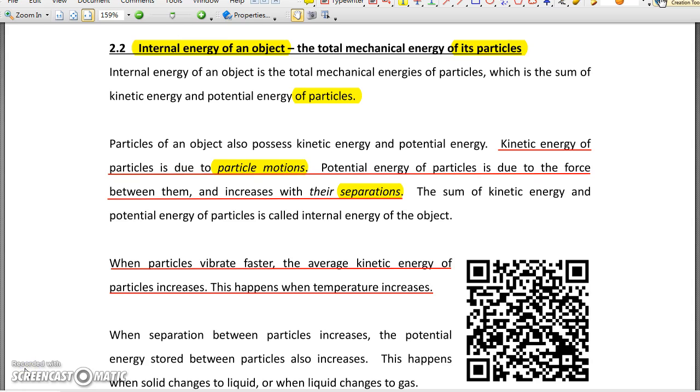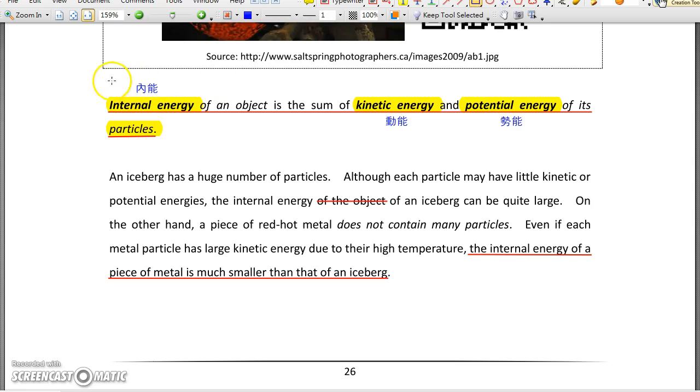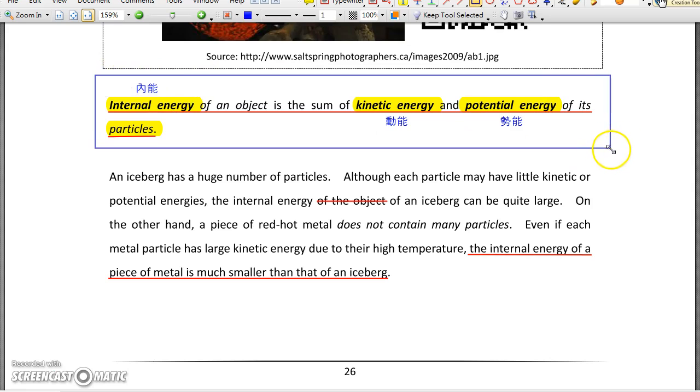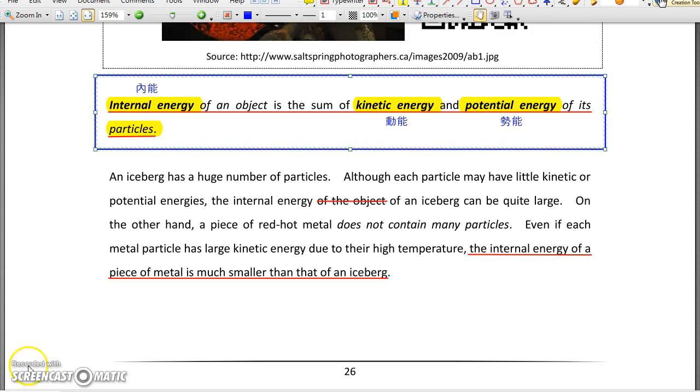Chapter 2.2. Internal energy of an object, that is the total mechanical energy of its particles. As we said at the beginning of this chapter, the internal energy of an object is the sum of the kinetic and potential energy of all its particles.